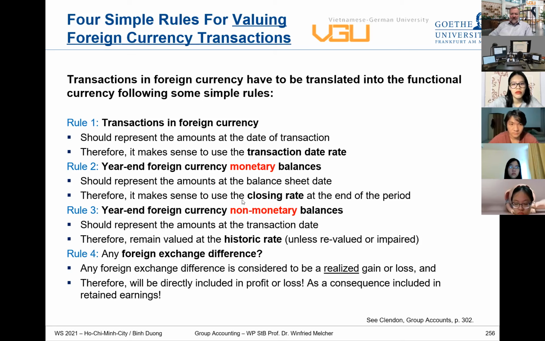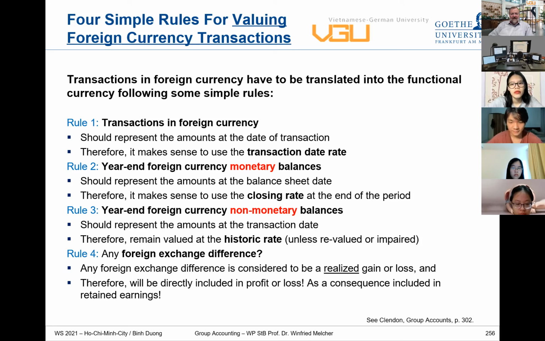Any non-monetary item, such as land and also inventory, will be translated at historic rates. So that causes some problems, because you will value assets and liabilities with different rates.